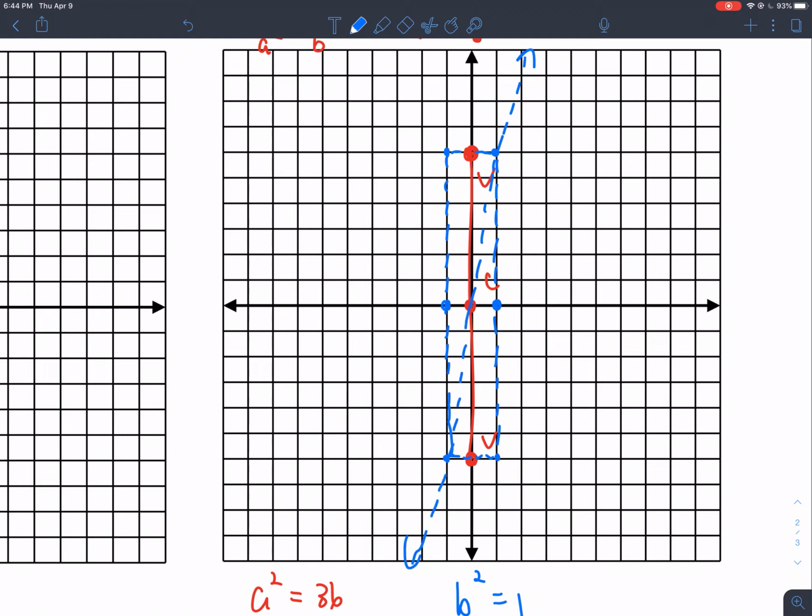There's my one asymptote, and the other one, wow, this is quite tricky. Oh, that's completely wrong, forgive me. I didn't make my asymptote go through the center. Sorry, the asymptote has to go through the center. Wow, that's tricky. That looks pretty hideous.